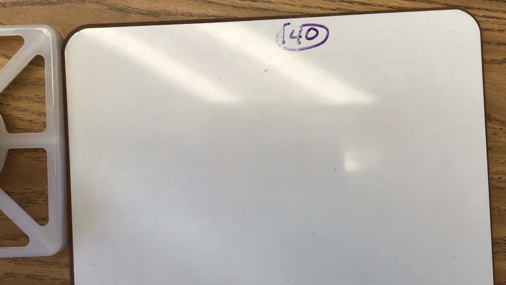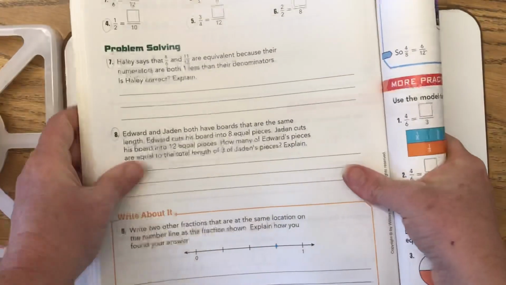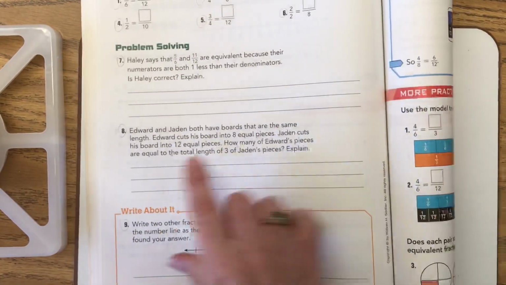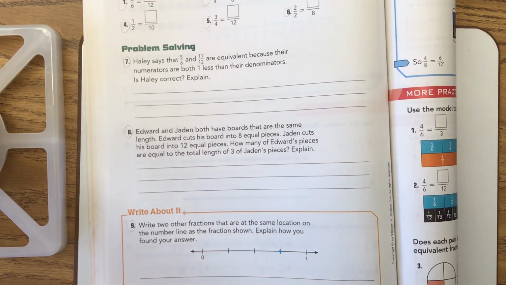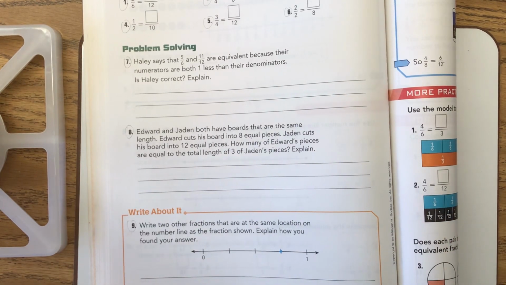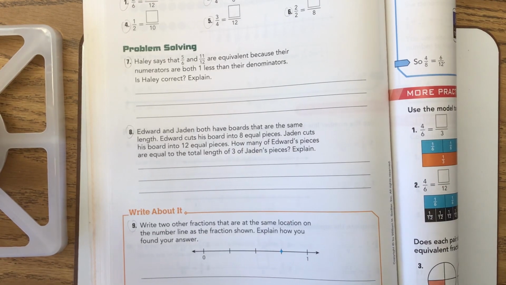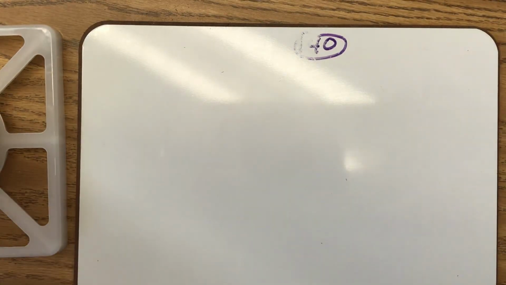And then on number 8, we have Edward and Jaden both have boards that are the same length. Edward cuts his board into 8 equal pieces. Jaden cuts his board into 12 equal pieces. How many of Edward's pieces are equal to the total length of 3 of Jaden's pieces? All right, so Edward cuts his board into 8 equal pieces.